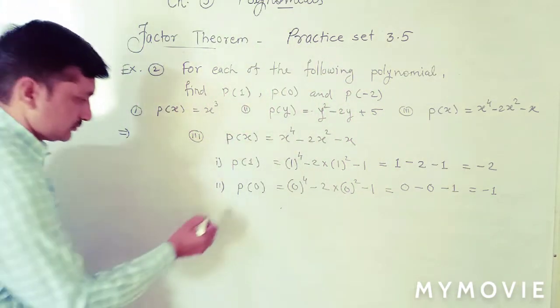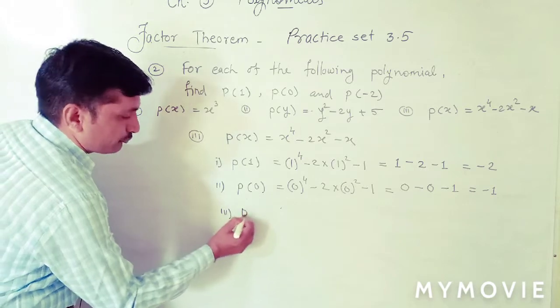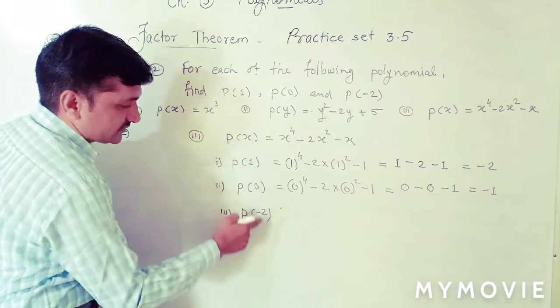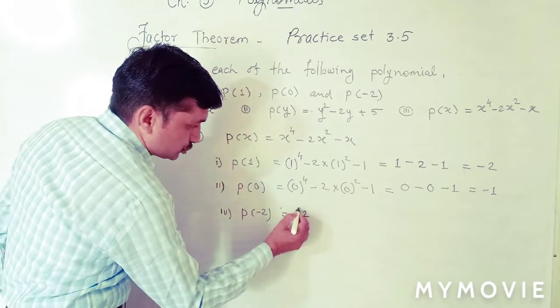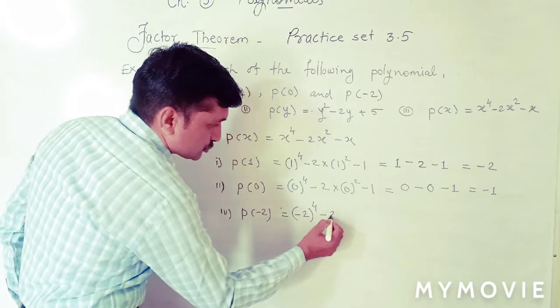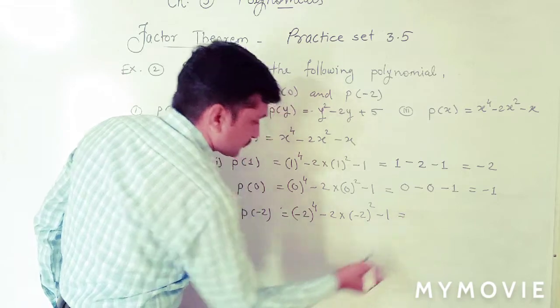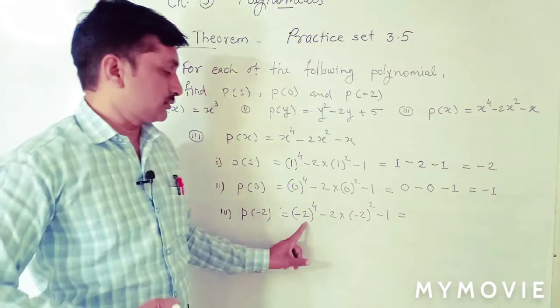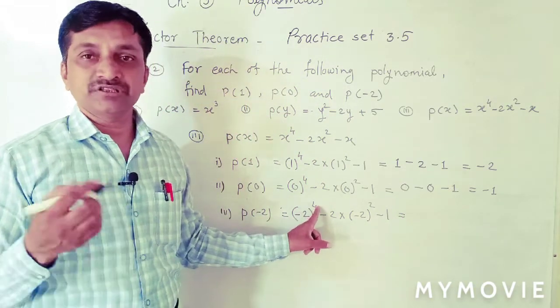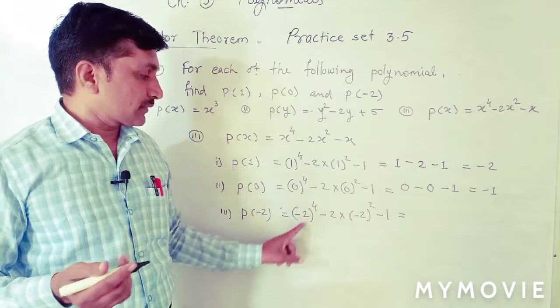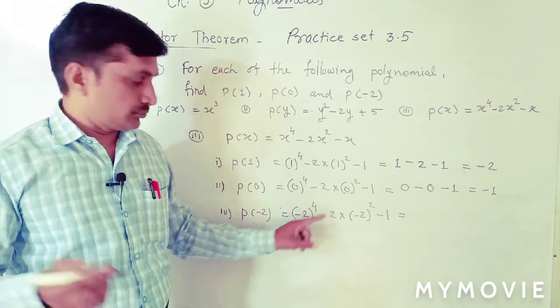Now for third, p of minus 2. Here we are putting x is equal to minus 2. Minus 2 raised to 4 minus 2 multiplied by minus 2 square minus 1 is equal to, now minus 2 raised to 4. Here the index power is positive, that's why the value will be positive.